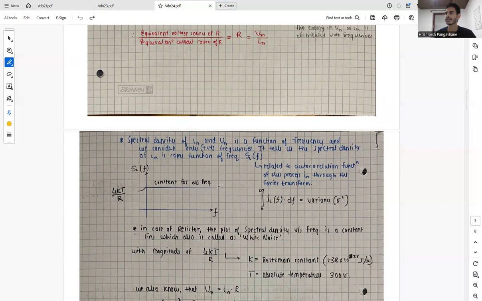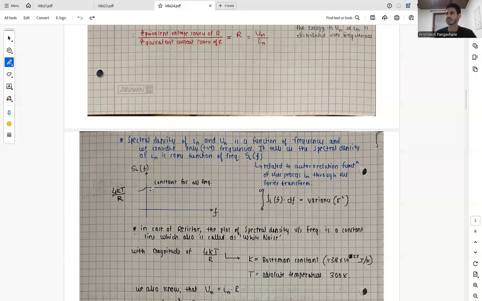So it tells us the spectral density of In as some function of frequency, and we denote it by SI of F. If we plot SI of F versus frequency, spectral density is some function over a frequency range.